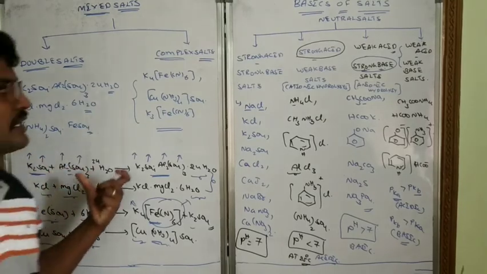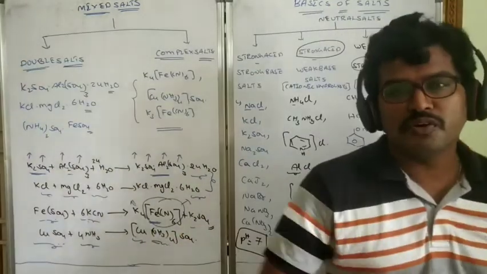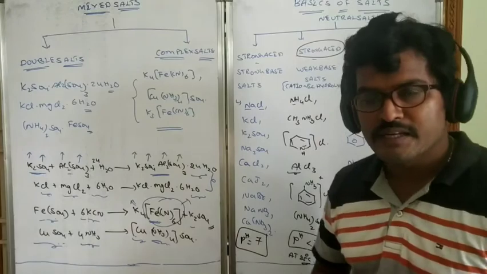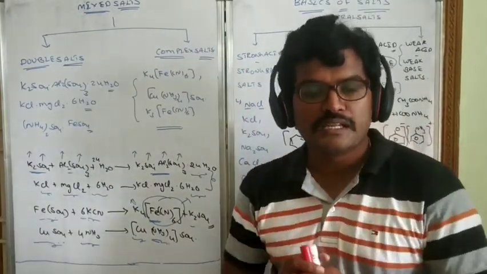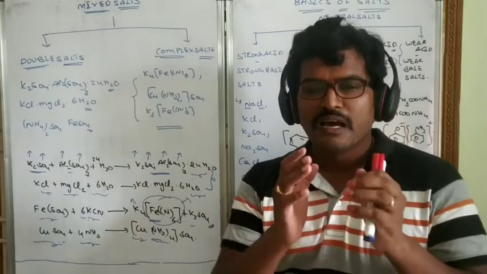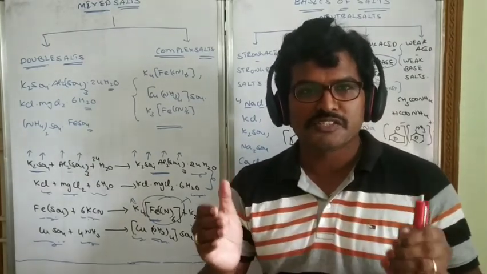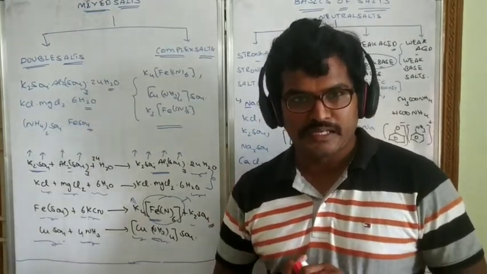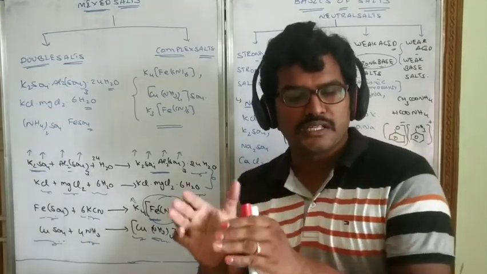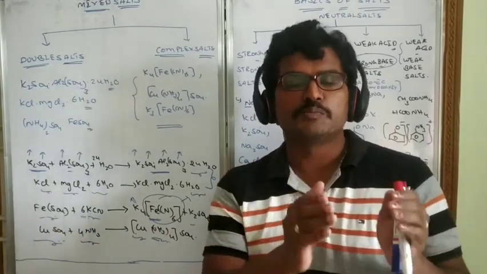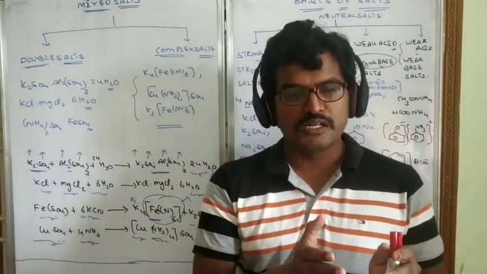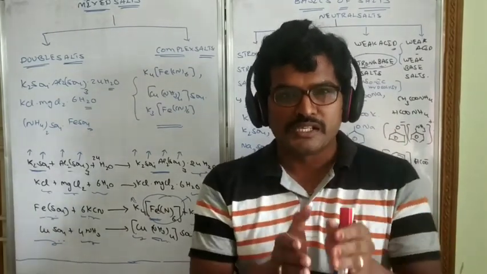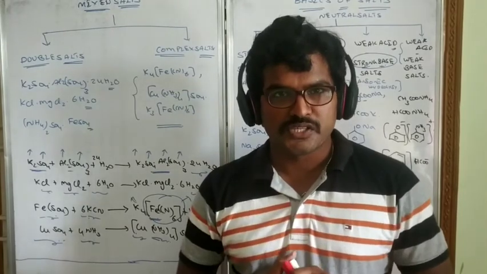So that is the thing regarding the basics of salts. Clear? What we discussed in the basics of salts is, first, the salt definition. After that, we classified them into two categories, simple salts and mixed salts. Simple salts are classified into three categories: neutral or normal salts, acidic salts and basic salts.